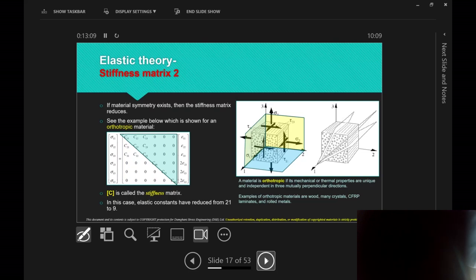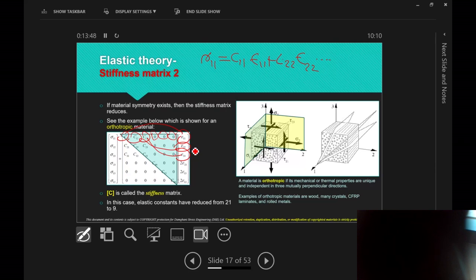Why can we assume there's 0? It becomes 0; we're not assuming it. For an orthotropic material, sigma 11 is equal to C11 times epsilon 11, plus C22 times epsilon 22, and so on.